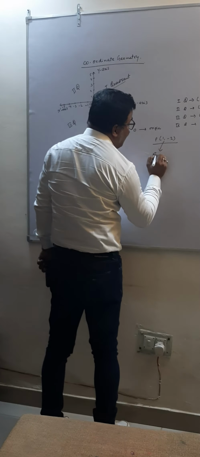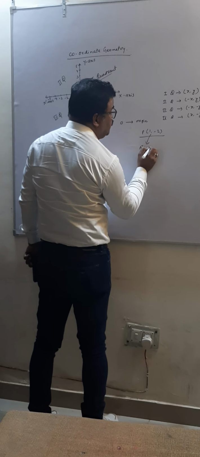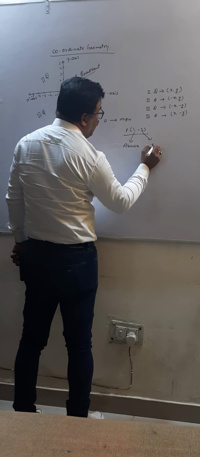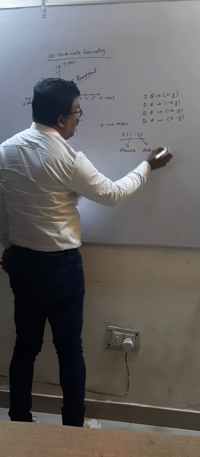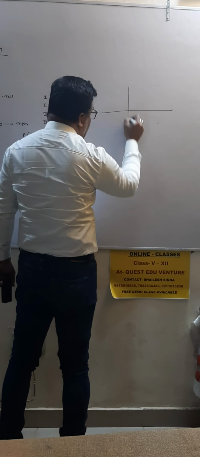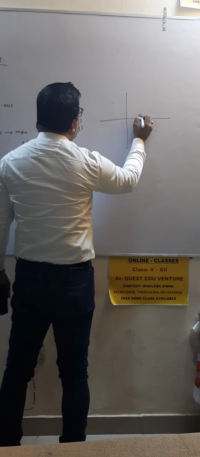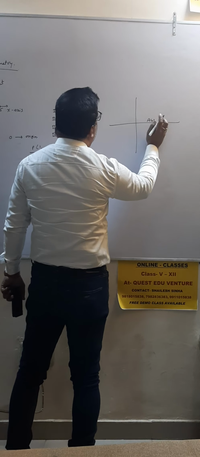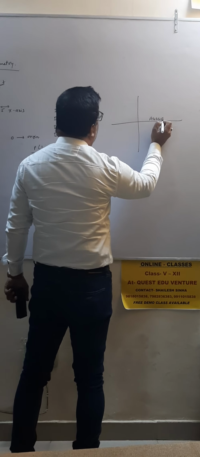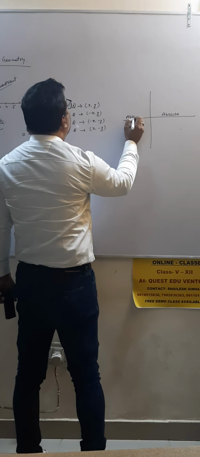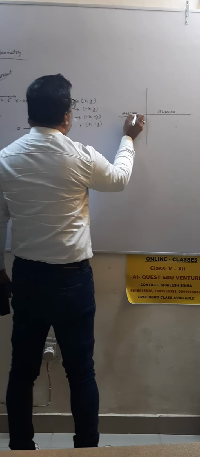This one is called the abscissa, the x coordinate, and this is called the ordinate. This is also abscissa.